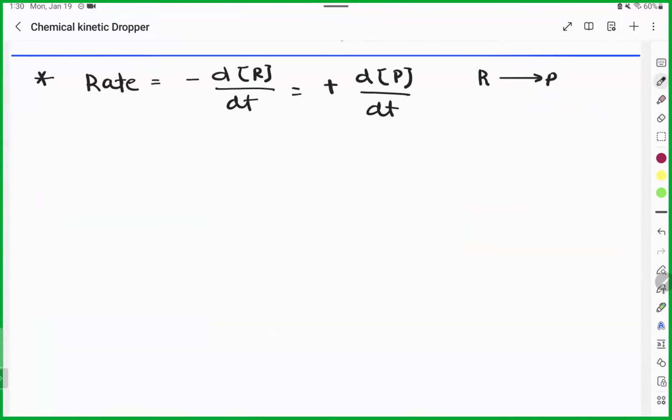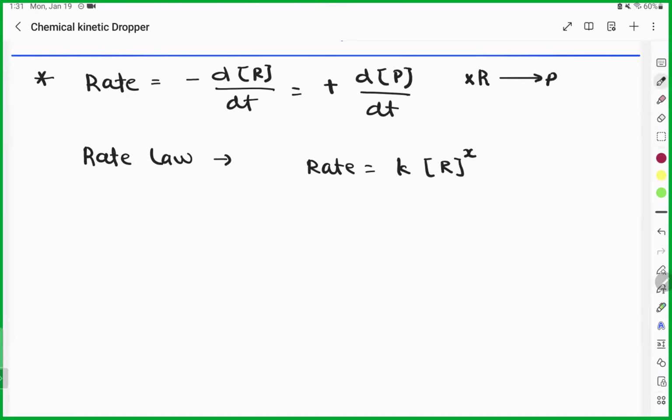Okay. Second, if you see how this rate is represented in the rate law, if you have x number of R molecules, it says that rate will be equal to the rate constant and your reactant raised to the power of your coefficient.